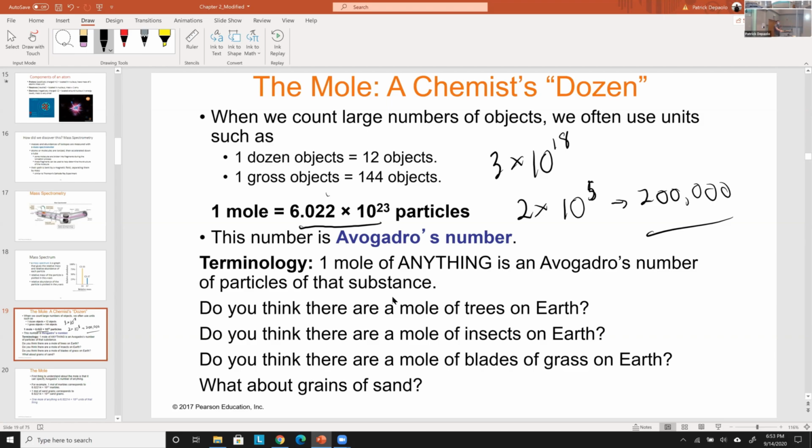That doesn't mean there are 200,000 more particles in a mole than grains of sand. It means 200,000 times more. Times. Well, one time is all the sand on the Earth.